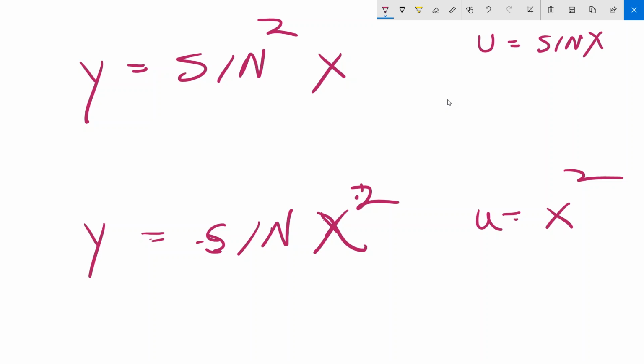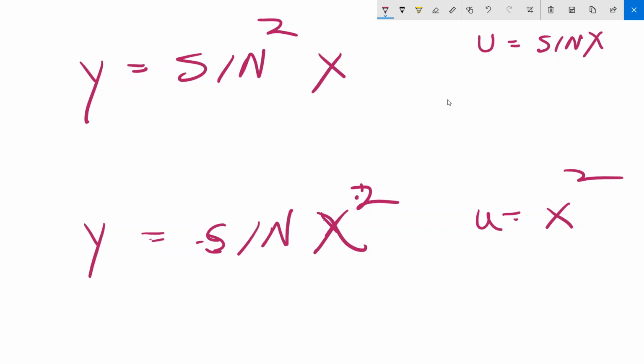There are other ways to do this first one. I could make it be sine of x times sine of x and use the product rule. But that would not be the best way to do it, because this subtlety between these two questions is the biggest part of the difficulty of chain rule, is you have to know what the inside is. Most of the time it's a lot clearer than it is here.